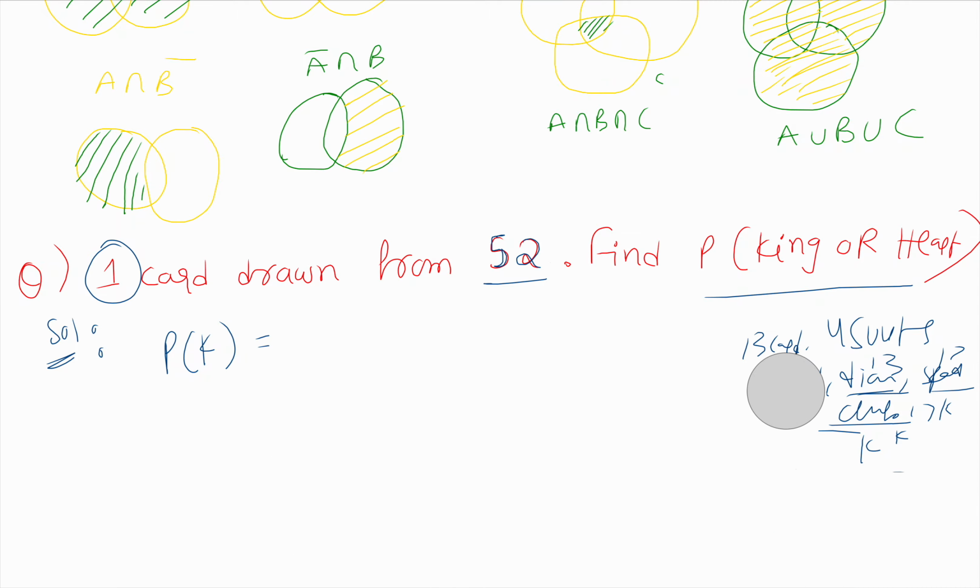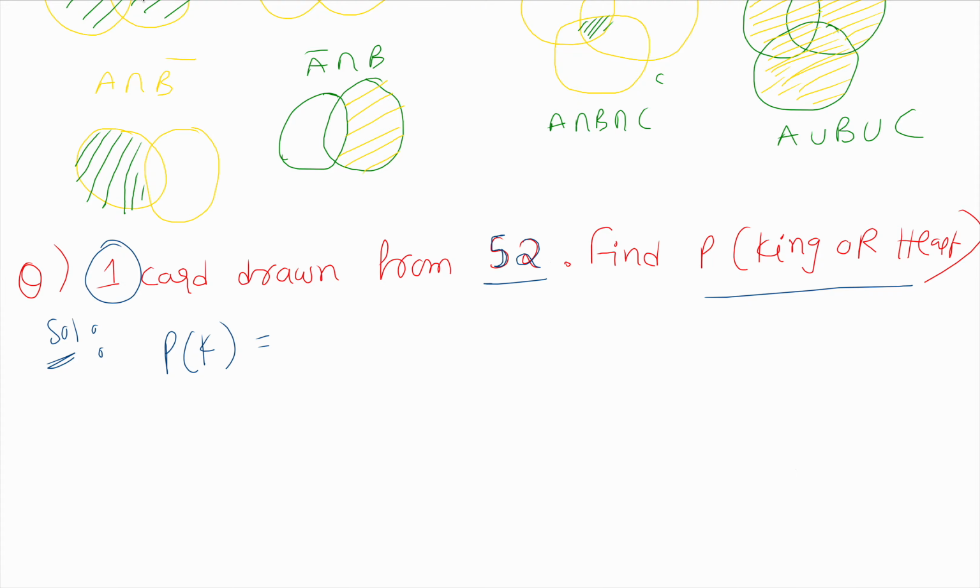Now let us move to our question. Probability of king: there are a total of 4 kings, so 4 by total cards 52, that is equal to 1 by 13.